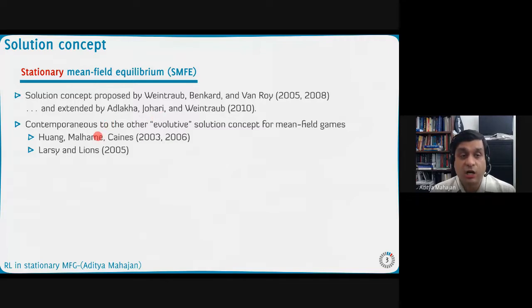This is contemporaneous work to what was called the evolutive solution concept in the talk by Matthew and Sarah last week, which is the work by Huang, Malhamé, and Caines, and Lasry and Lions, which considers a solution concept in which agents are reacting to a trajectory of mean field, while in stationary mean field equilibrium, agents are reacting to a stationary mean field. And I'll make this distinction clear a bit later.